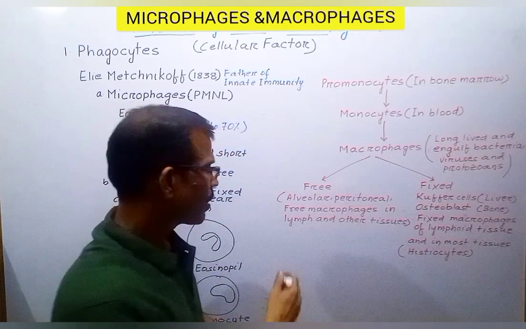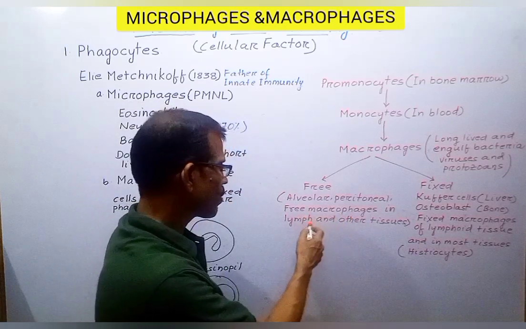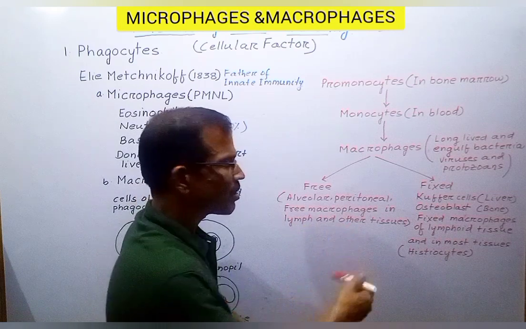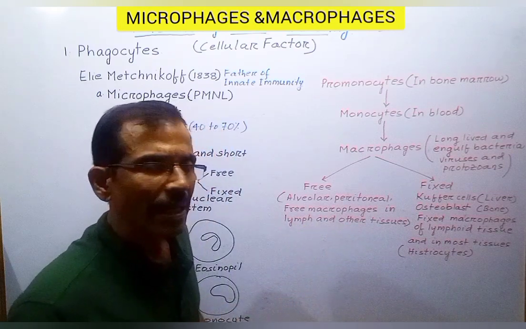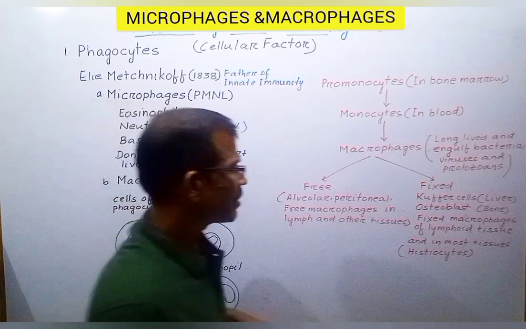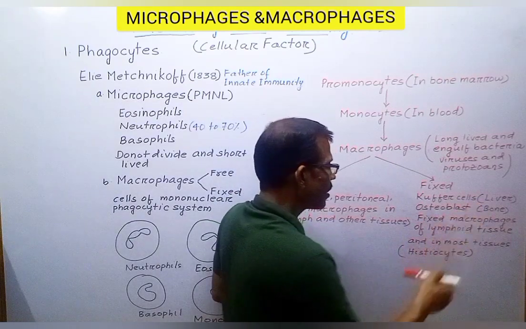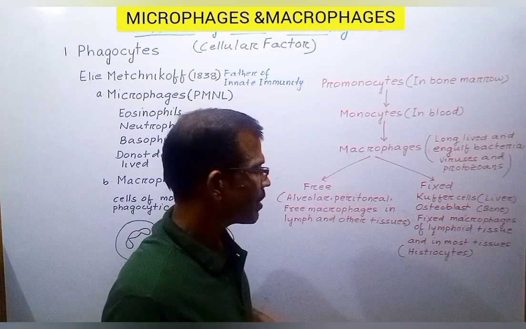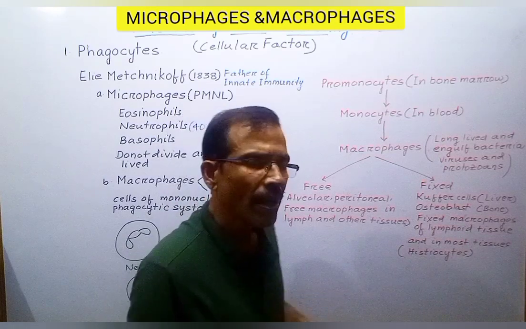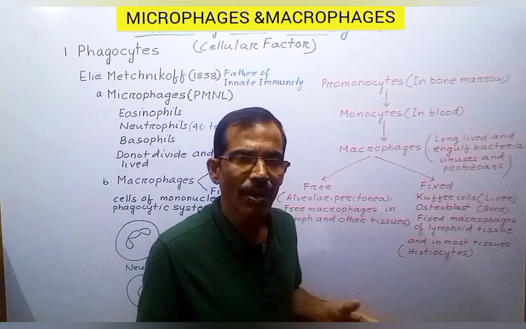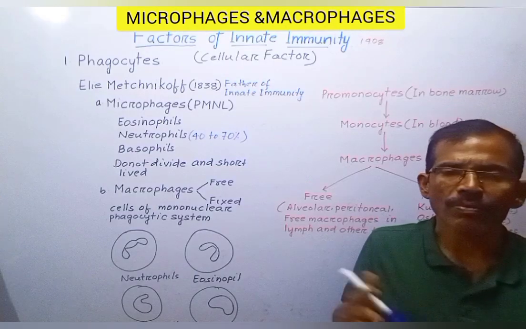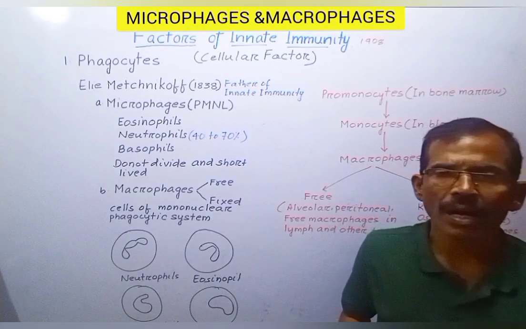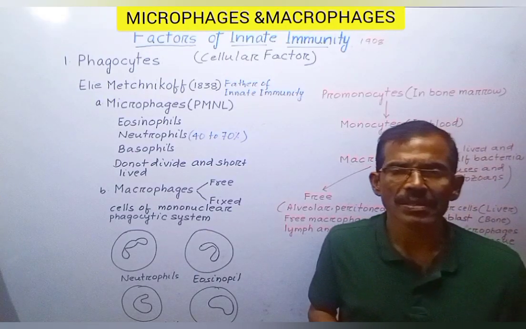In addition, free macrophages are also present in lymph and other tissues. Examples of fixed macrophages are Kupffer cells in liver, osteoclasts in bone, and fixed macrophages of lymphoid tissue and other tissues.